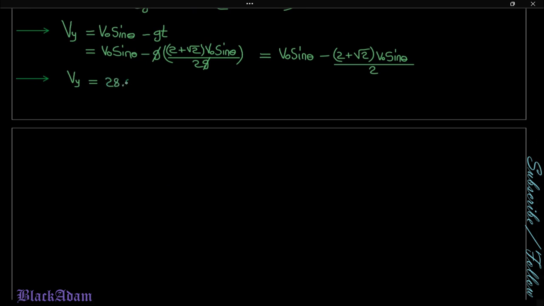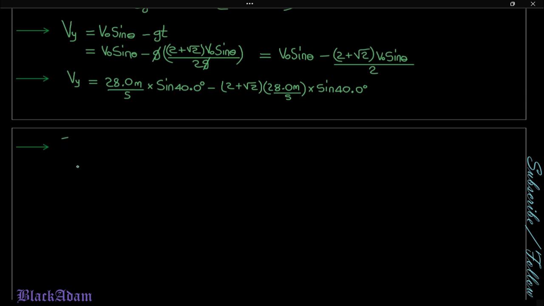So we have the initial speed, 28.0 meter per second, multiplied by sine 40 degrees, that's our angle, minus (2 plus root 2) multiplied by our initial speed 28.0 meter per second, all multiplied by sine 40 degrees, and all of that divided by 2.